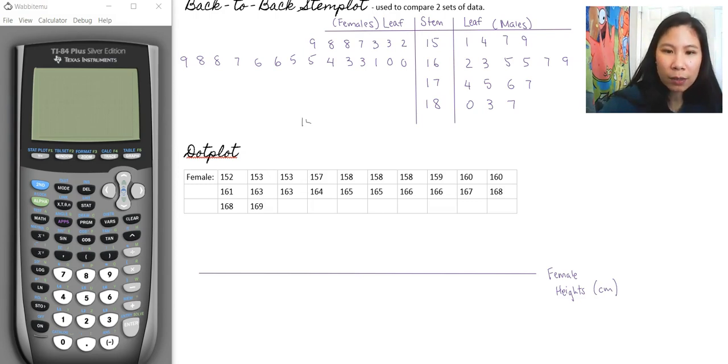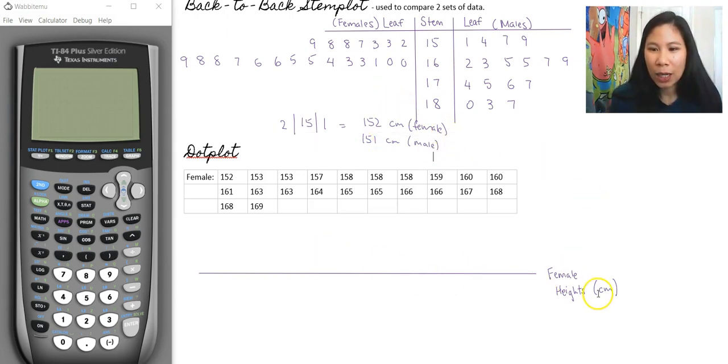Oh, I totally forgot to leave a key for my last data set. So in a back-to-back stem plot, for the key, you just want to list out both and label which one it is.